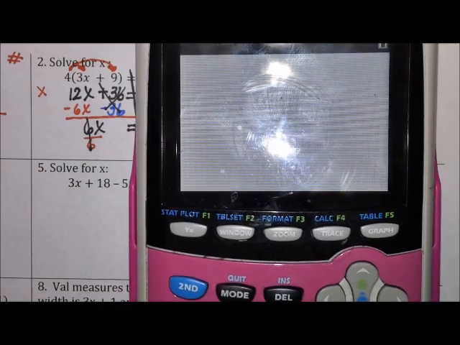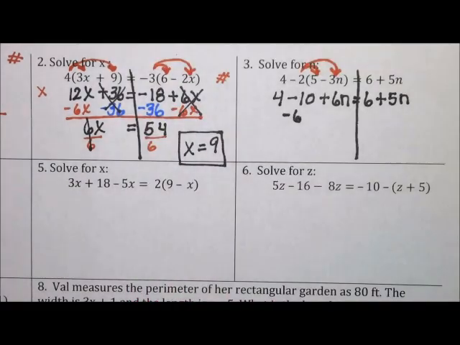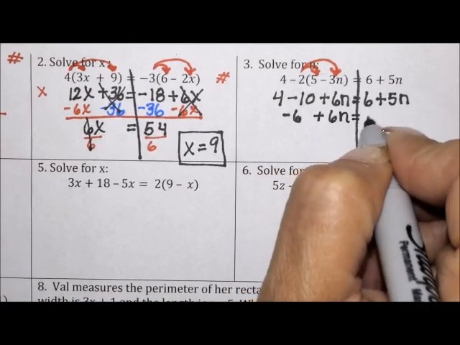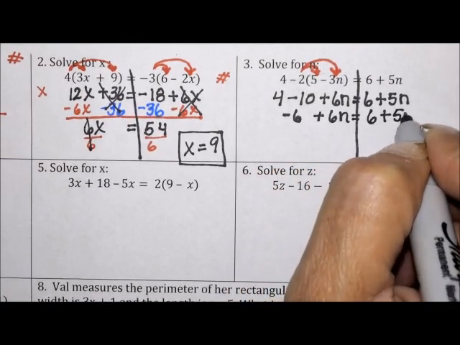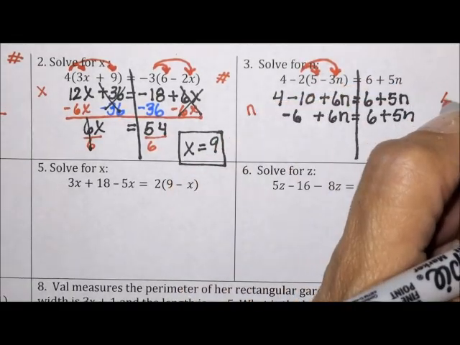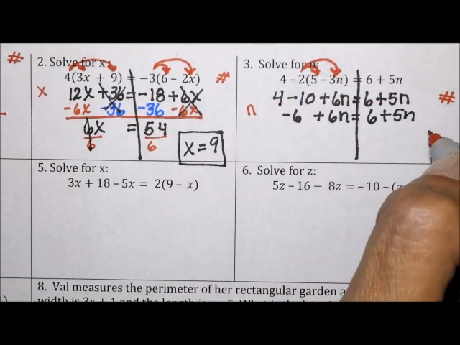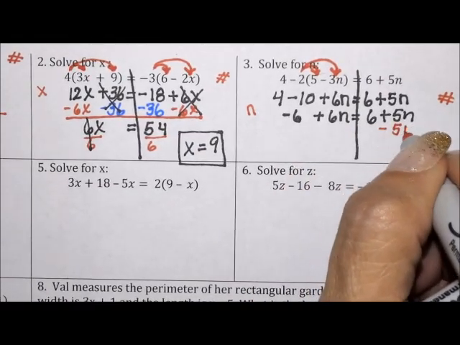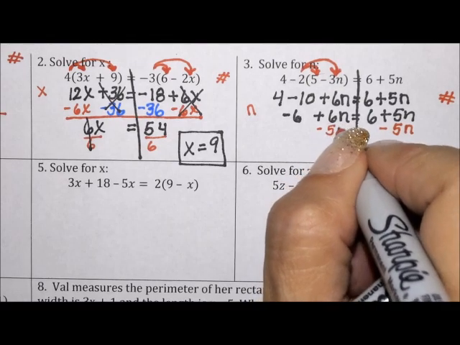Not 4 negative 10, it's 4 minus 10. Plus 6n equals 6 plus 5n. I'm going to put all my n's on the left and my numbers on the right. So I'm going to subtract 5n, subtract 5n.